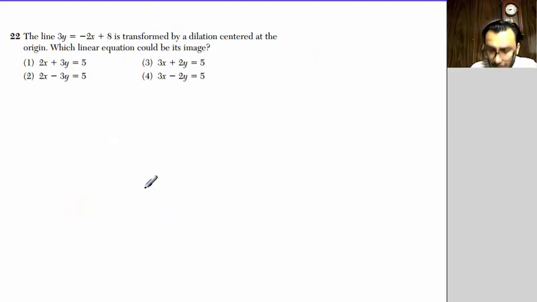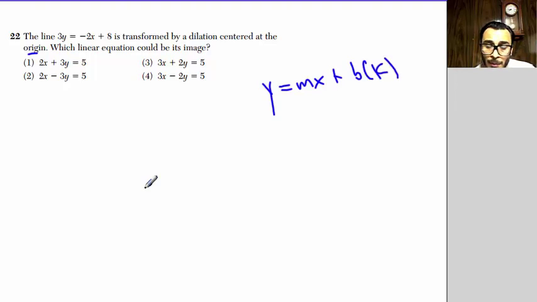All right, number 22. So we're looking at dilating lines centered at the origin. Here's the deal. When you dilate a line and the center is at the origin, that's the important part, you only multiply the y-intercept by k, which is the scale factor.